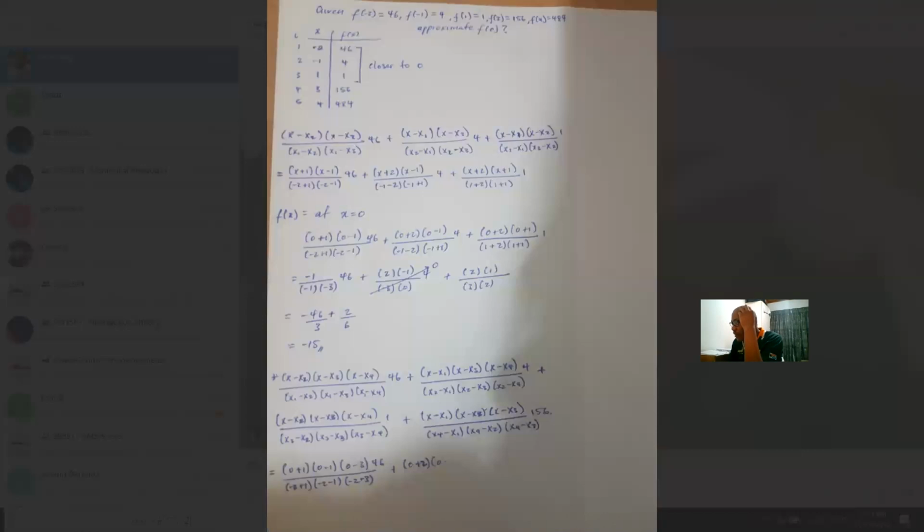Once we've identified this, it's just plug and play, and then we can find how much our f(x) is at 0. Just like I was doing right here. I just had to substitute all the values for my x's and 0 so that I find the value of f(x) at 0.